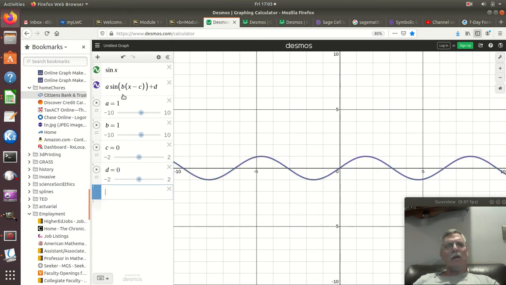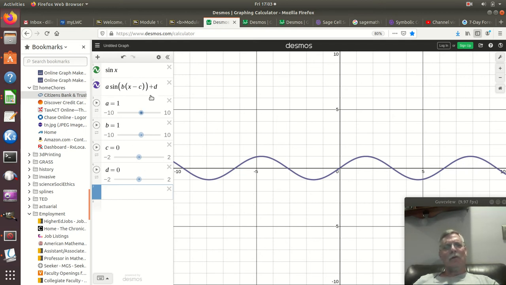And you see, if C and D are both 0 and A and B are both 1, then nothing changes. And what's nice about this is we can change each and every one of these one at a time to just see what happens.